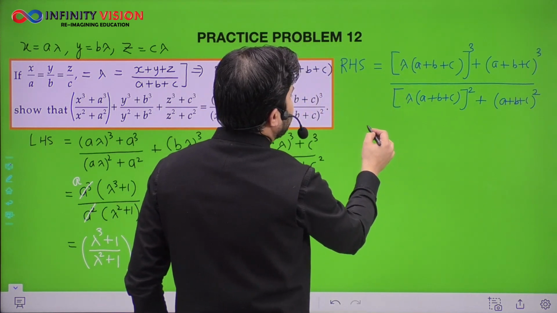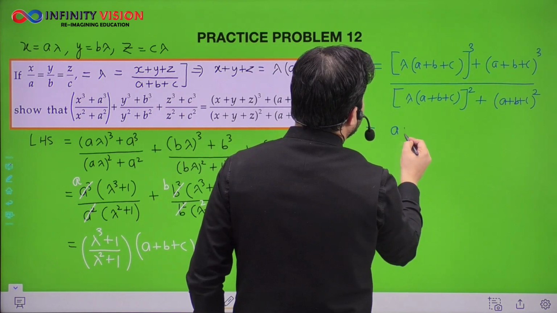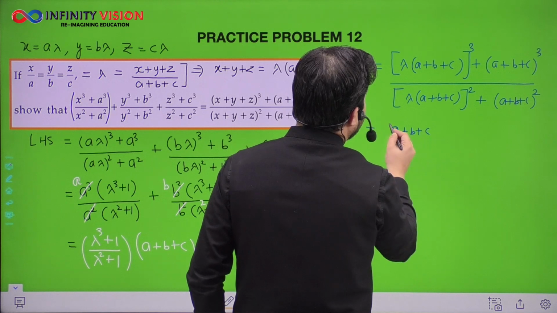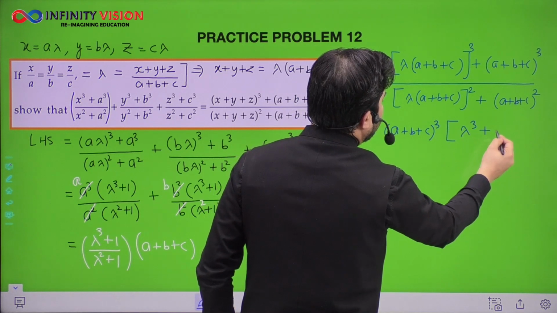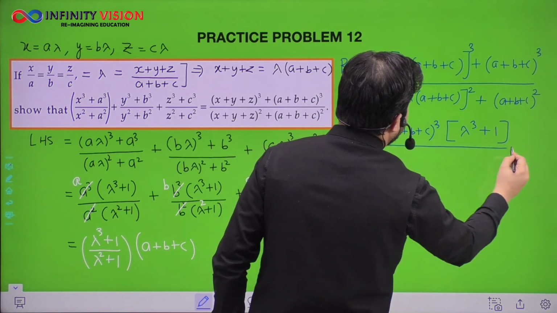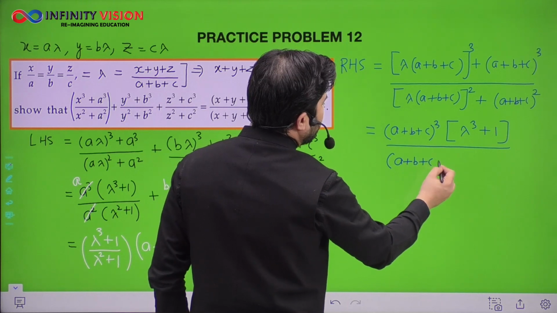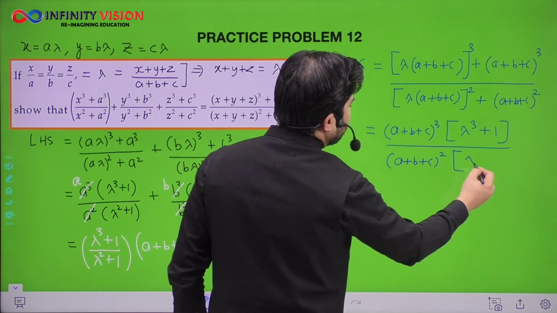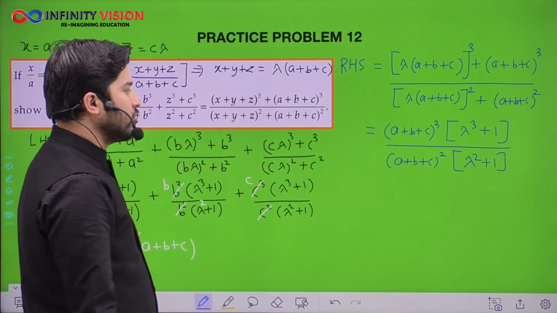Now what you can see is that a plus b plus c whole cube is common, so in the numerator you will have a plus b plus c whole cube multiplied with lambda cube plus 1, and in the denominator you will have a plus b plus c whole square into lambda square plus 1, because a plus b plus c whole square is common.